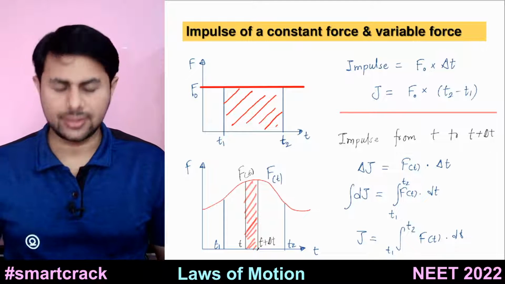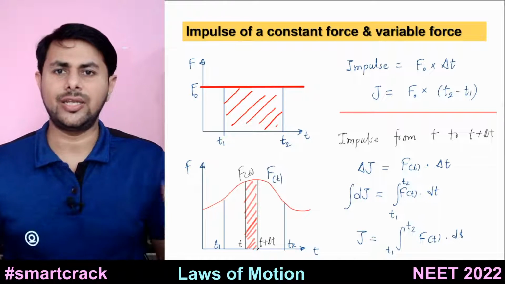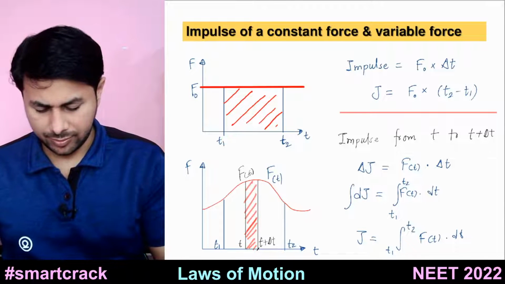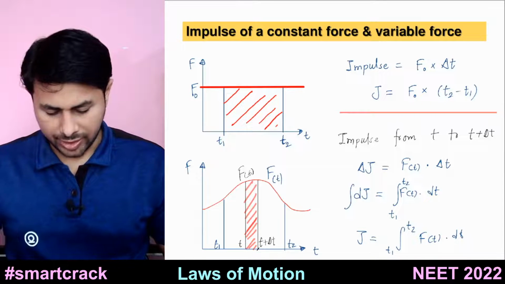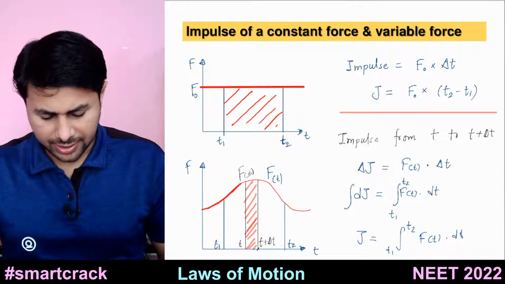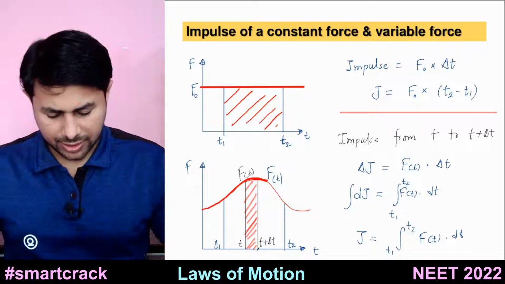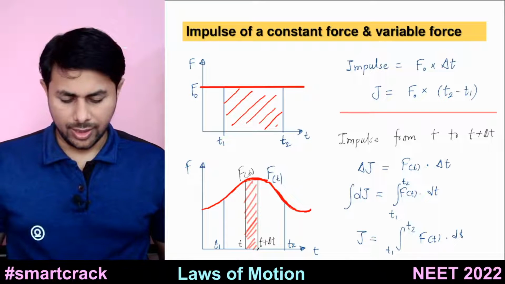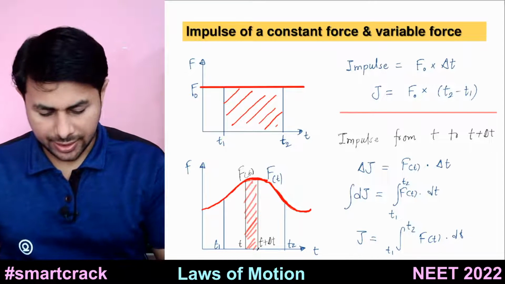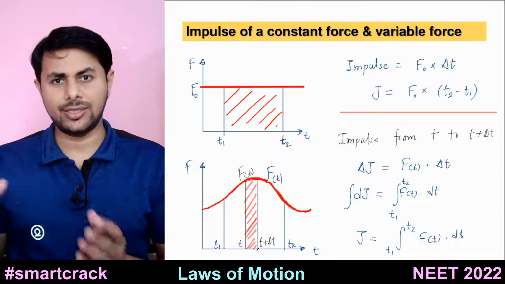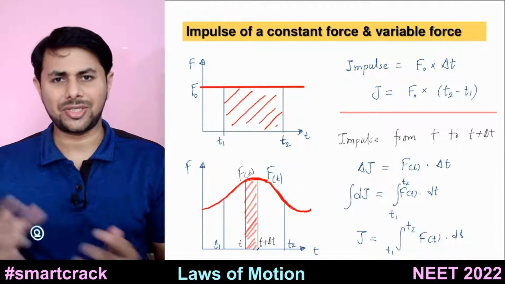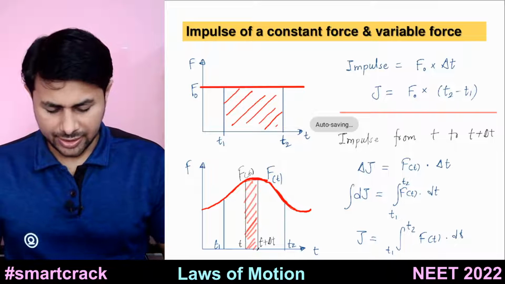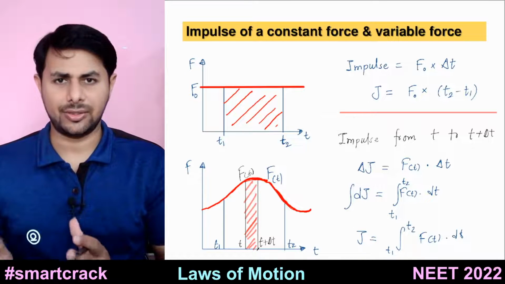In the second case, force is variable. In the graph of force and time, force we plot on the vertical axis, time on the horizontal axis. The graph is not a straight line, it's something like this. So now how do we find area under such a curve? We have seen this in the last chapter. To find area under such a curve, what we use is derivative.